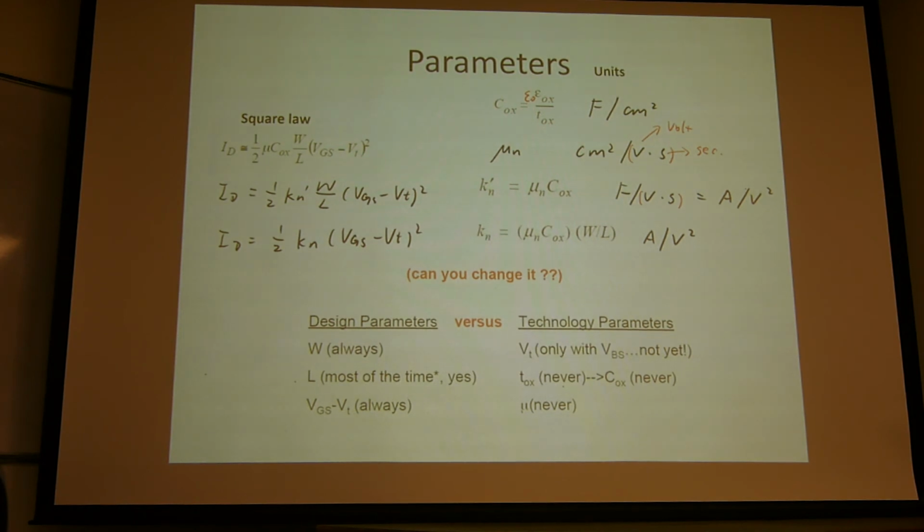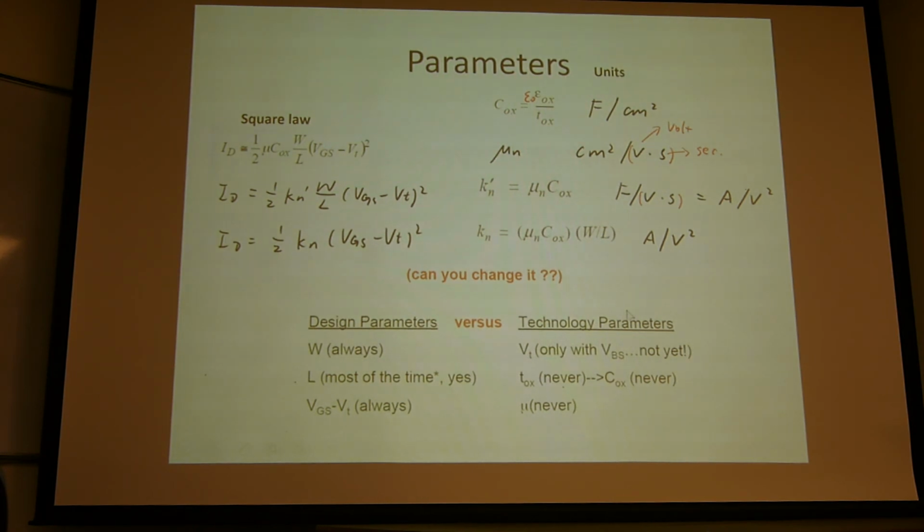For example, if your technology node is 65 nanometer, then you can design your L above 65, but you cannot go below 65, because that is the minimal L limited by the lithography constraint of that node. And then you can always change the voltage, like VGS minus VT, especially the VGS. You can always change the VGS to change the current. Okay, so this is what you can do as a circuit designer.